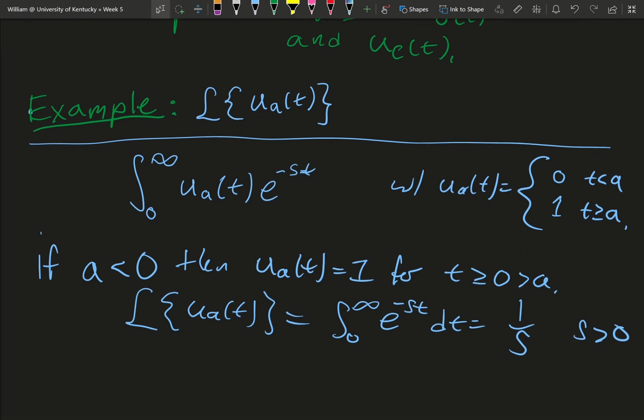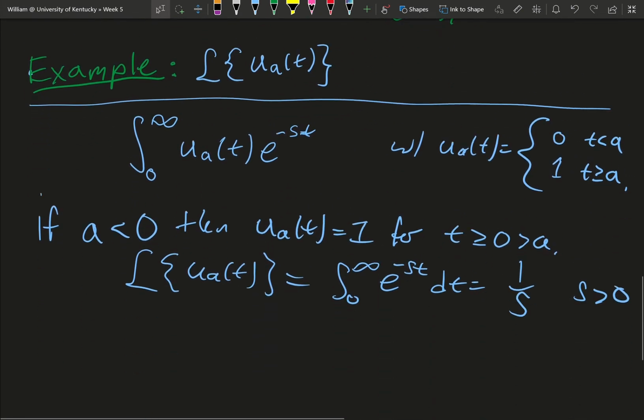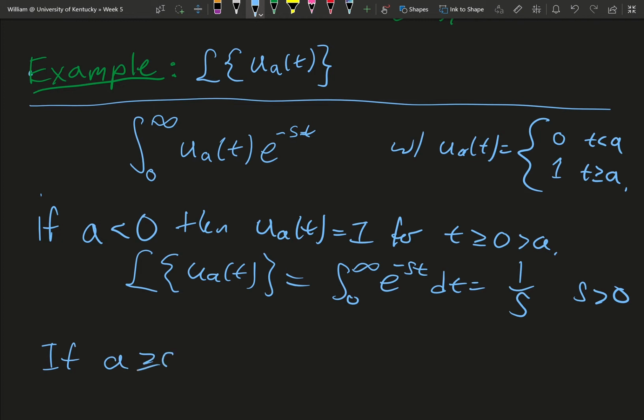Okay. The other case is if a is greater than or equal to 0. And in fact, it doesn't actually matter if a is exactly equal to 0, the same sort of argument works. So we're just going to focus on the case where a is strictly greater than 0.